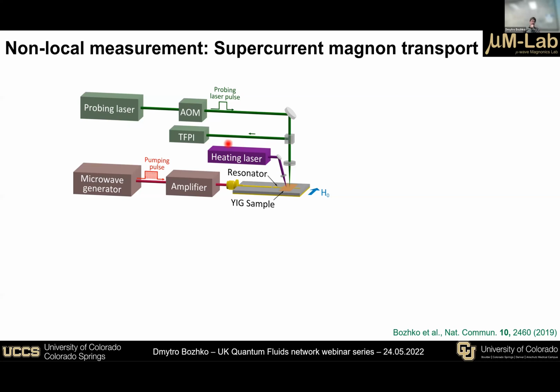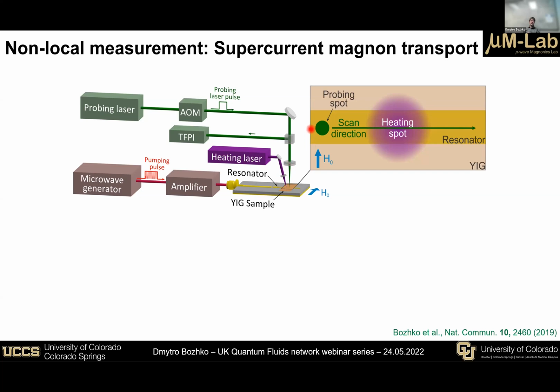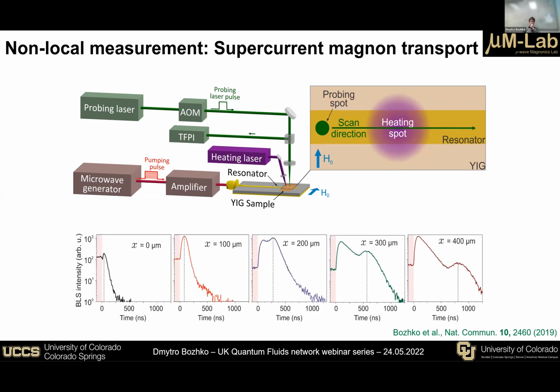We used another wavelength laser for heating, and we scanned over the condensate with the green laser, and we scanned over the heated spot. And indeed, when we went through that spot, we saw that the condensate is actually going from the heated spot and leaks out to the outside in the form of a pulse.